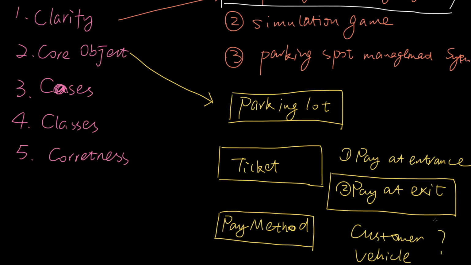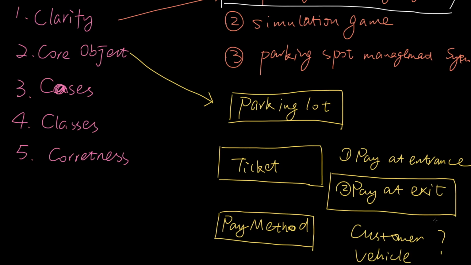That's a good question. It depends on how we design the system, or on the major use case. In the real world, you can imagine that in the parking lot, does the system or the admin need to know who you are or what your vehicle is?